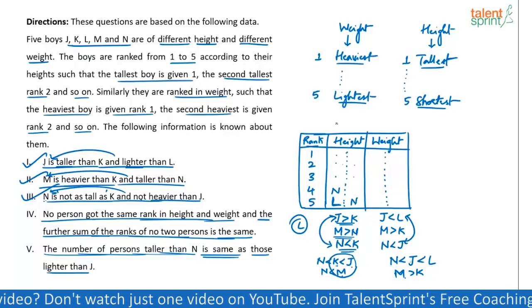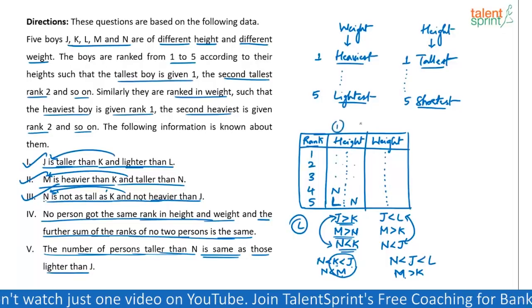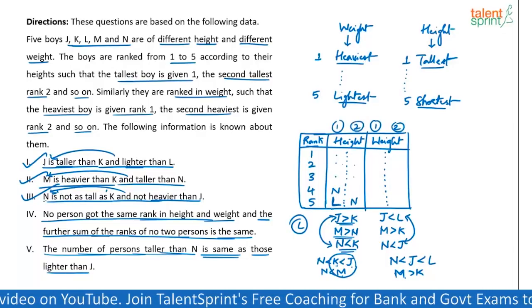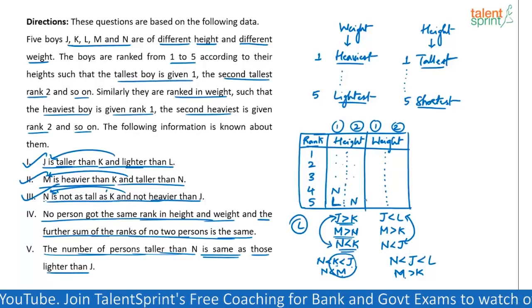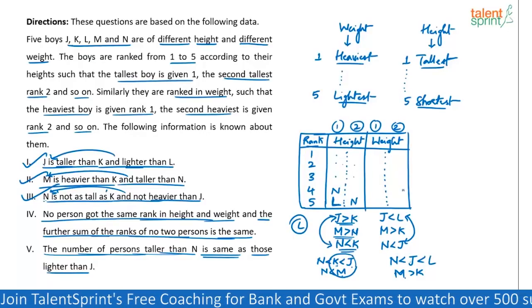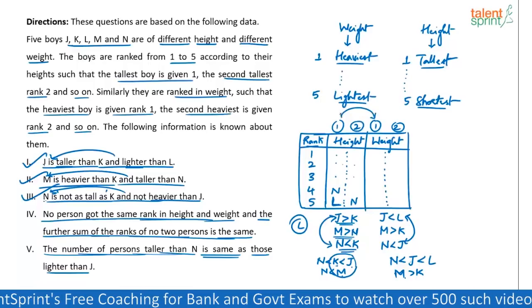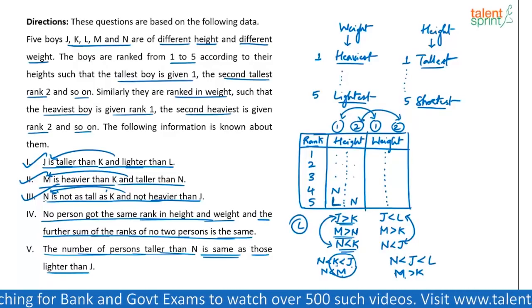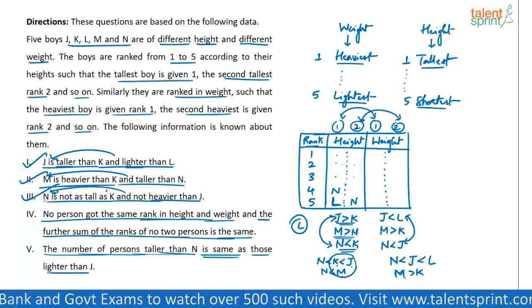In case 1, see, the left side is case 1. The right side is case 2. Case 1 of heights, case 1 of weights, case 2 of heights, case 2 of weights. Overall, there are only two cases. One should be connected with 1, 2 should be connected with 2. Or maybe I can draw two separate tables also, but it's easy to follow, I guess.